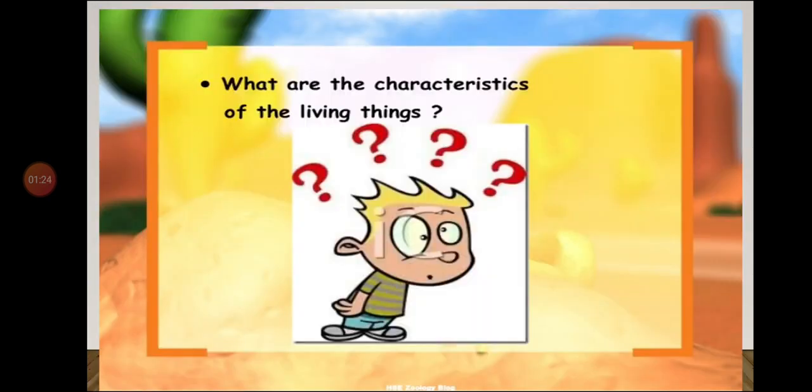So now there is one question, why do we call them living, and how do they differ from non-living organisms? What is the difference between the living and non-living organism? There are some characteristics that living things possess.